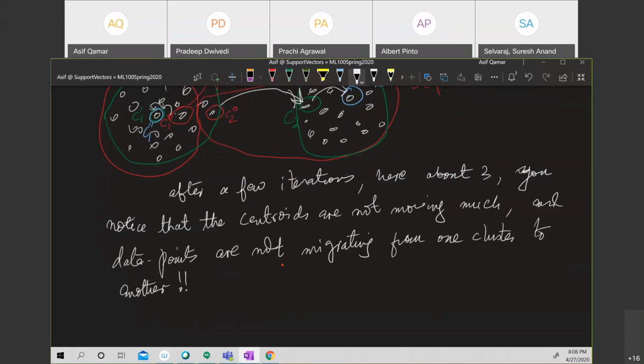Do you notice that? It's a very simple observation that we just went through 2-3 iterations, and then we noticed that we have actually found the center and the clusters.